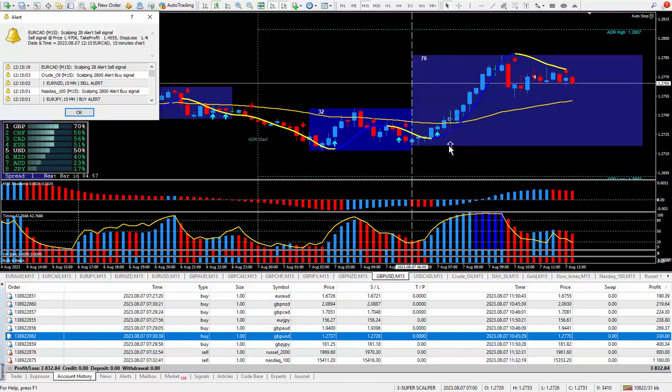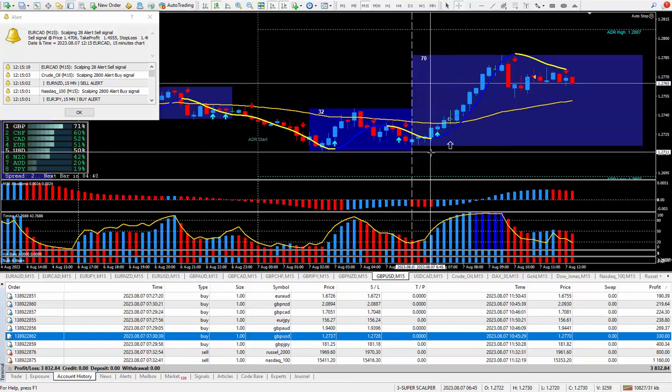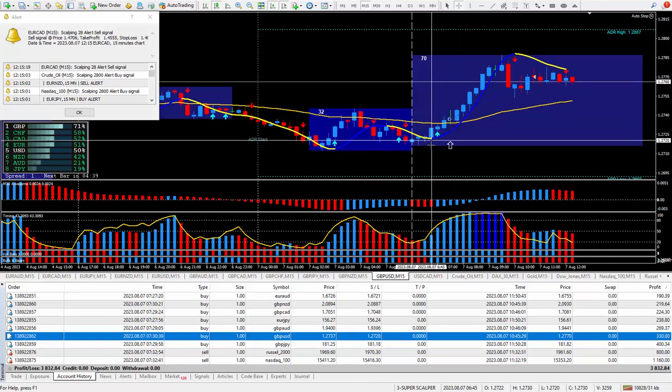Everything is looking great. So like I said, you'll get an audio sound and this pop-up box right here, as a matter of fact. So right at this point, well actually from here, get an alert right in this area.